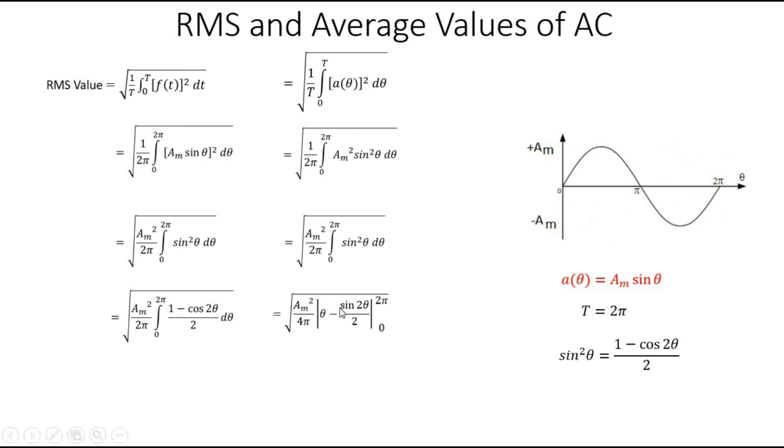Then giving the limits we will get 2 pi, so upper limit is 2 pi, here sin 2 pi is 0, lower limit is 0 and 0, so only 2 pi here. So it is Am square by 2. So root of Am square by 2 is Am by root 2. So RMS value of an AC sine wave is Am by root 2, maximum value by root 2.